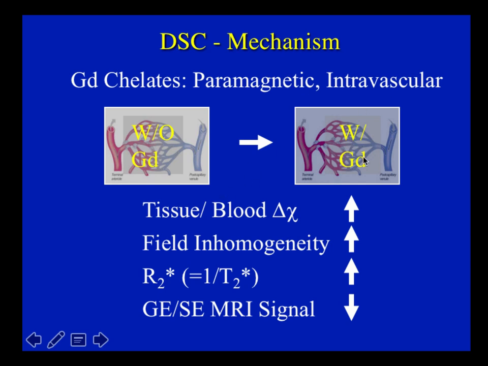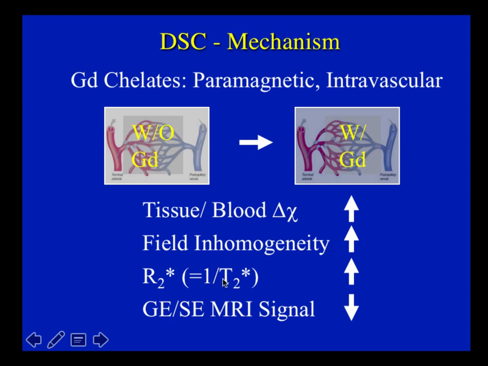Therefore, when the gadolinium is present in the voxel, you will have a difference in magnetic susceptibility between tissue and blood. The magnetic susceptibility difference increases when the gadolinium is present in the voxel, and this leads to increased field inhomogeneity within the voxel.